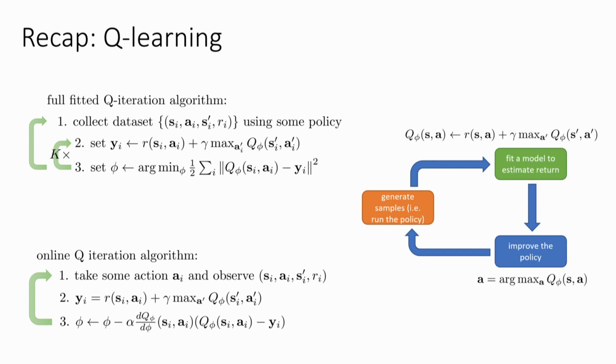So the online Q-learning algorithm takes one action, collects one transition, s, a, s prime, r, computes one target value on that one transition, and then takes one gradient step using the difference between the current Q value and the target that it just computed. This online version of the Q-learning algorithm is also sometimes referred to as Watkins Q-learning, named after the person who first proposed it. When someone says Q-learning or online Q-learning, this is usually the algorithm that they have in mind.